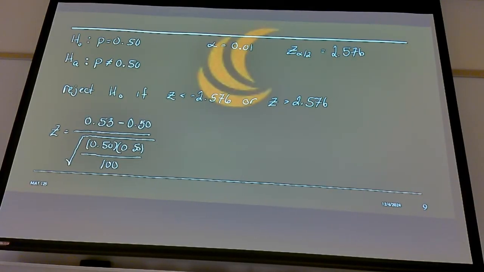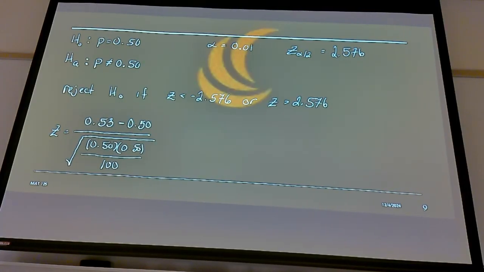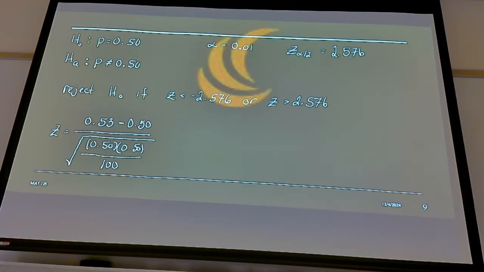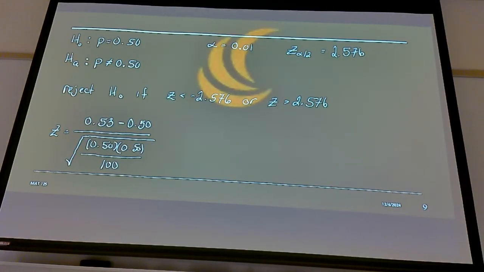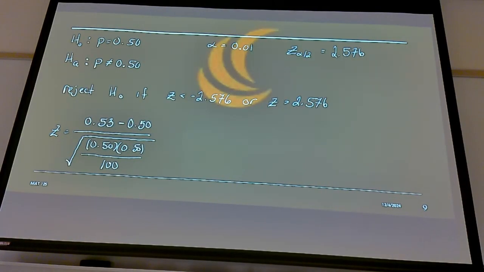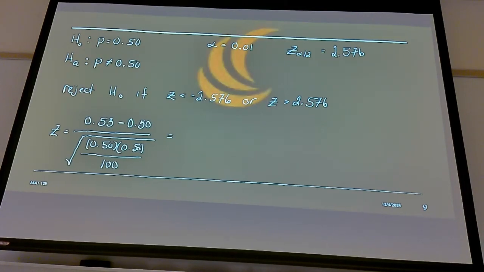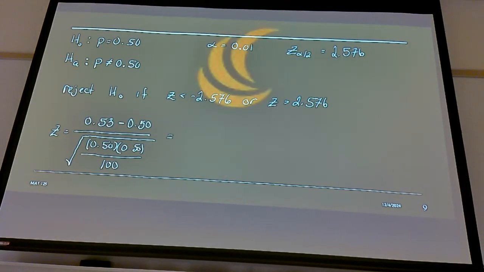What's 1 minus P naught? 0.5. That's why it's just 0.5 times 0.5, which is 0.25.